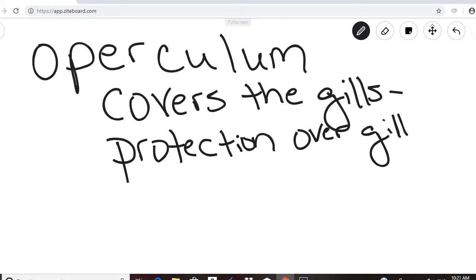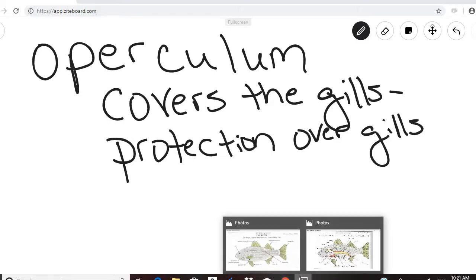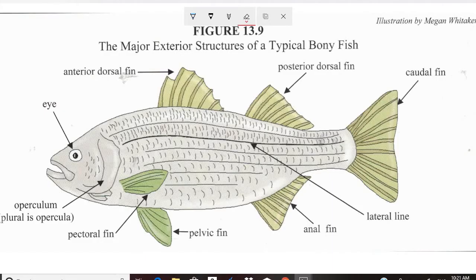And when we do our dissection of a fish, you'll be able to see that operculum. So if we go back to our picture here, here is the operculum right here. And if we were to pull that operculum back, we would see the gills underneath.